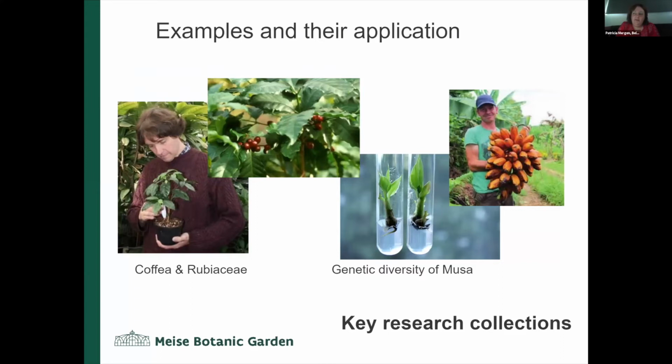If something happens to our crops, to have different diversity, like for example in coffee beans or bananas, you can call upon the species kept in the botanical gardens to find maybe replacement species for those now used economically.